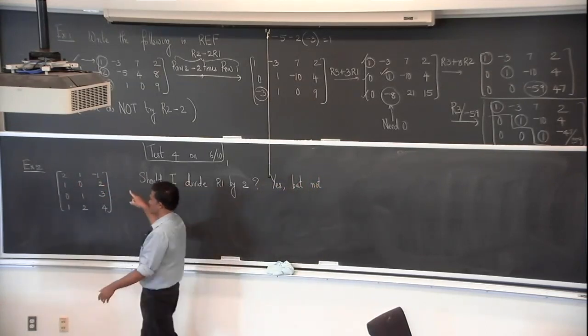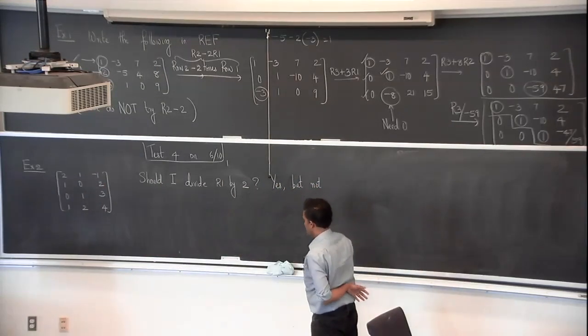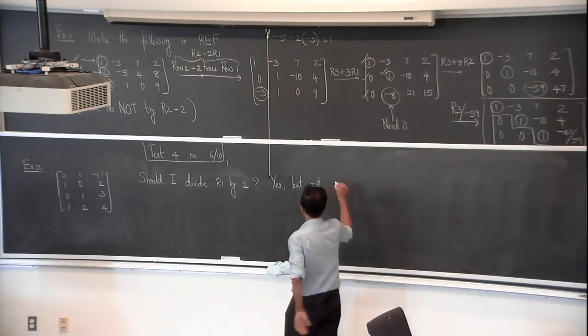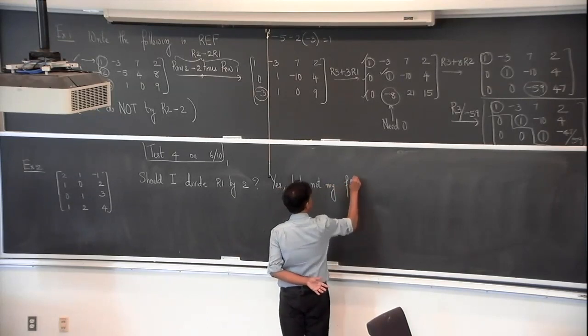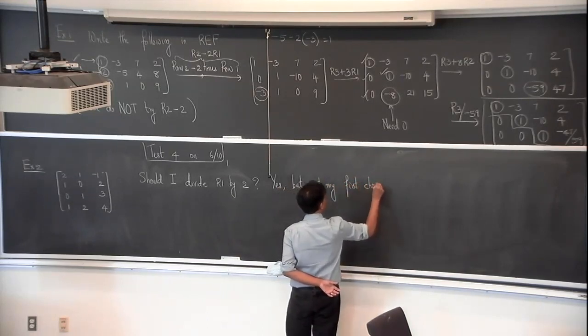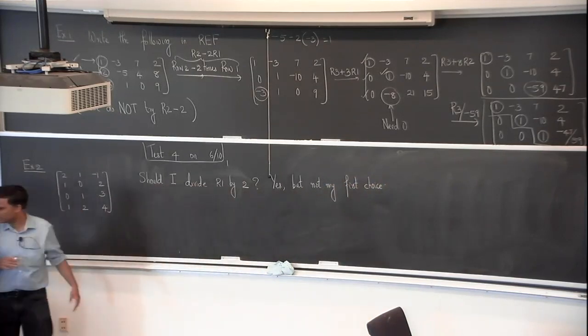If all of them were multiples of 2, maybe that's a good idea, but since 1 and -1 won't give me clean numbers, not my first choice. But if you want to divide the first row by 2, that's also possible.